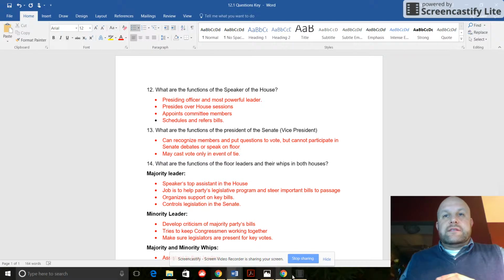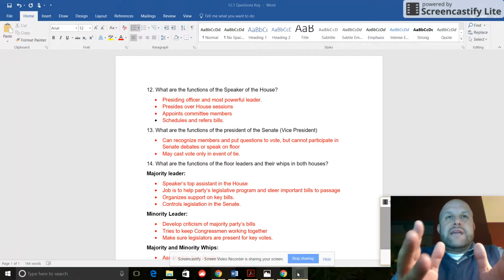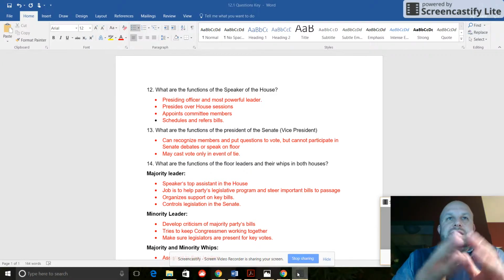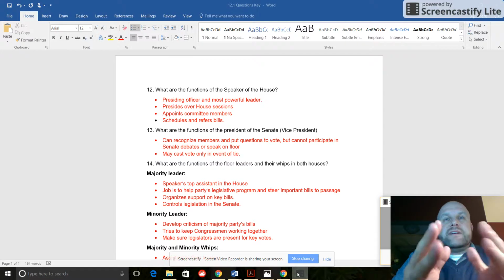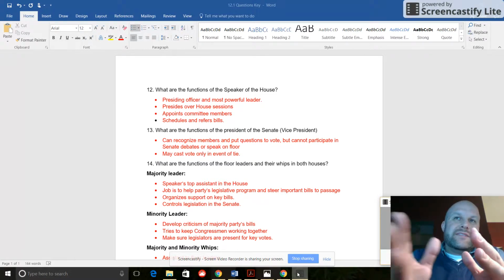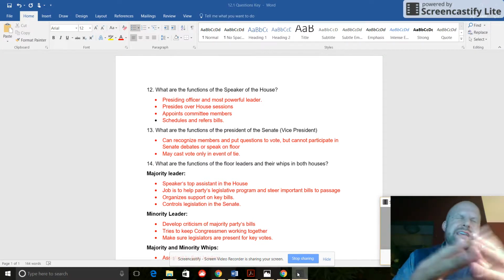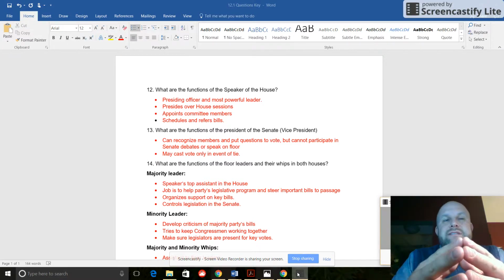That's really all the Senate vice president can do. Again, the pro tem is the one who really takes his place, the most senior member of the majority party, when the vice president isn't around, which really isn't that often. The vice president is present at the beginning of each session, when there are ties, or for ceremonial functions like the State of the Union, for example.